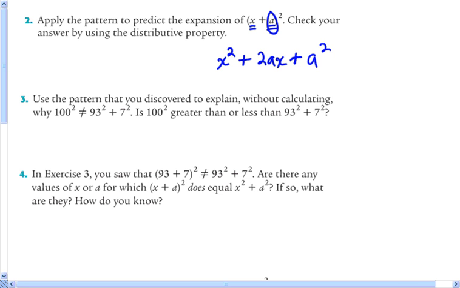All right, so number 3 says use the pattern that you discovered to explain without calculating why 100 squared is not equal to 93 squared plus 7 squared. All right?